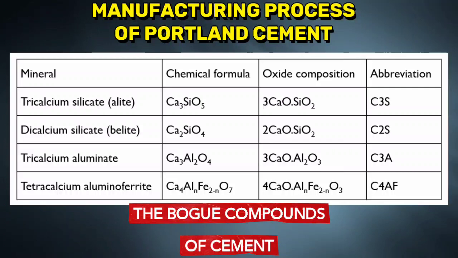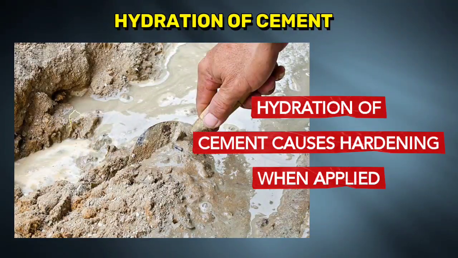All right, so let us take a look at the chemical reaction of cement, one of which is called hydration. When Portland cement is mixed with water, the chemical compounds present in it undergo a series of chemical reactions that cause the cement to harden.